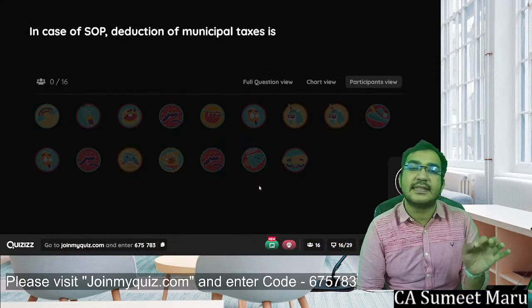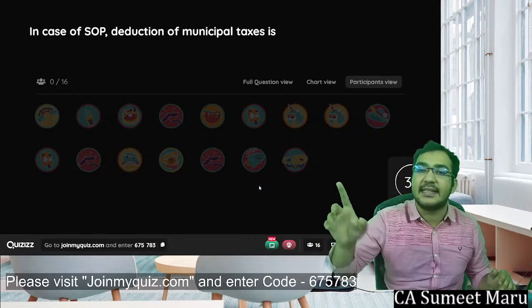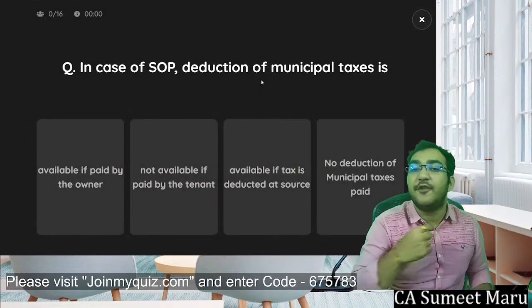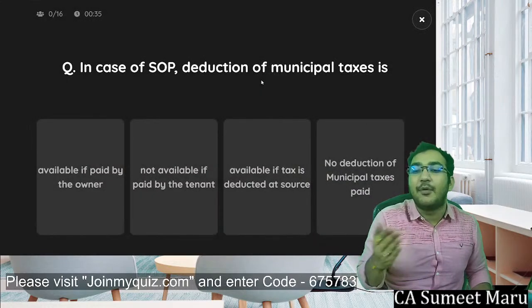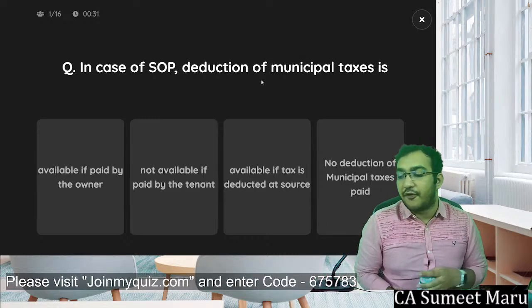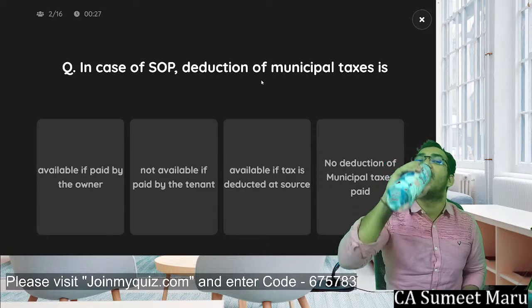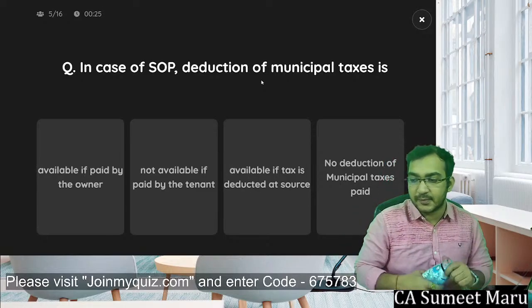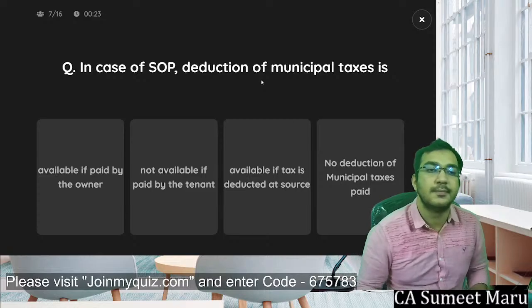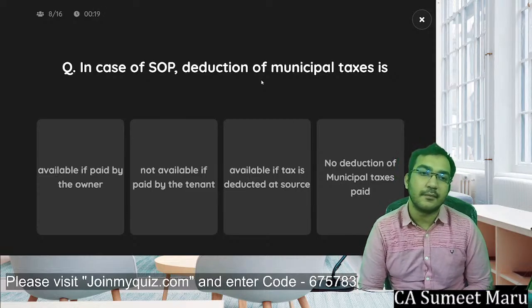In case of self-occupied property, deduction of municipal taxes is... For a self-occupied property, will you get a municipal tax deduction or not? Very simple answer.